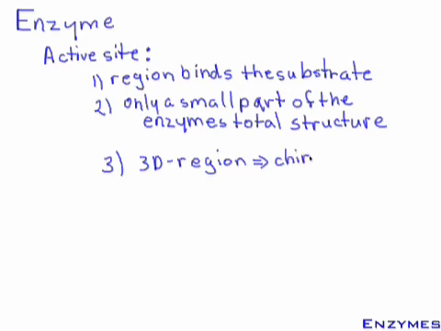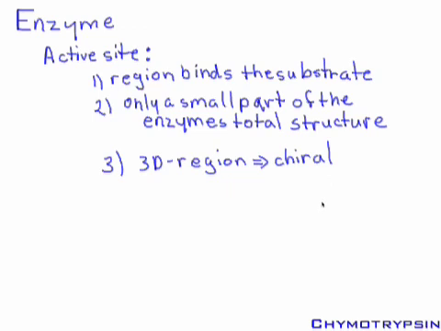The active site is often three-dimensional, and it's not surprising to find enzymes behave as chiral reagents and often produce specific enantiomers as products. When the enzyme and substrate combine, the two form a complex structure which interacts through ionic bonds, hydrogen bonds, or van der Waals forces.